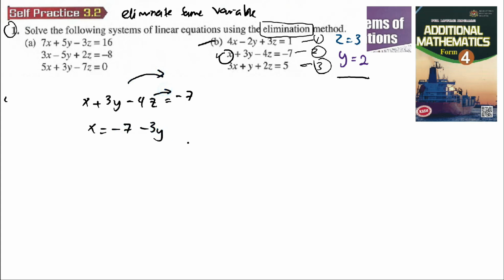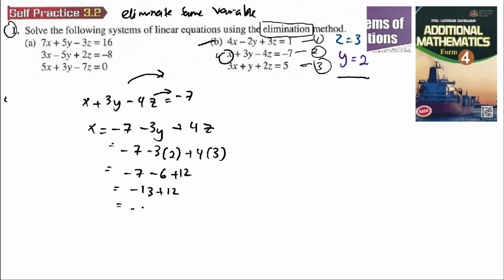This one bring to the other side, become positive for z. So this one is negative 7 minus 3, y is 2, z is equal to 3. So here you get negative 7 minus 6 plus 12. This one is negative 13 plus 12, you get negative 1. So your x is equal to negative 1.